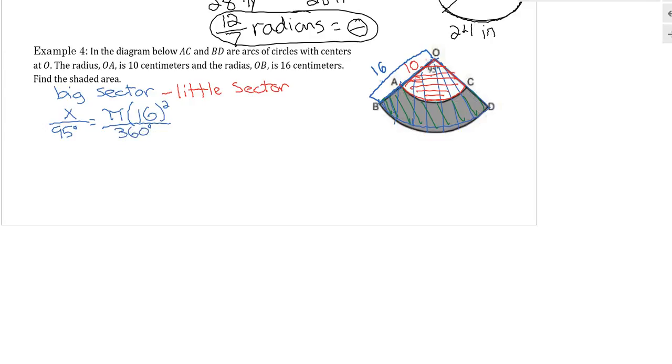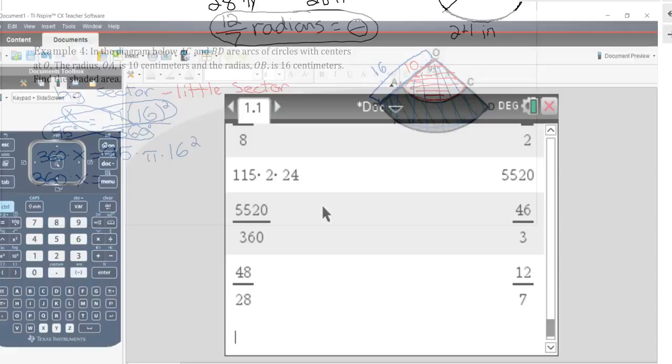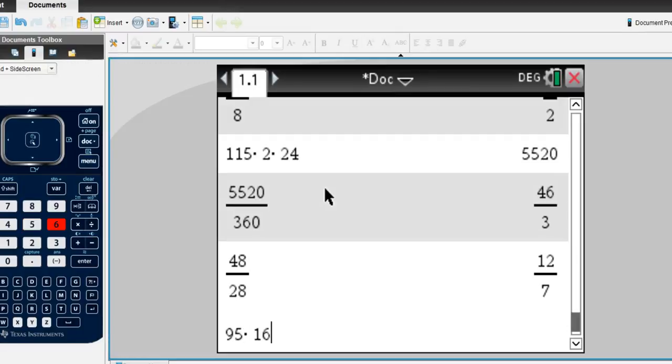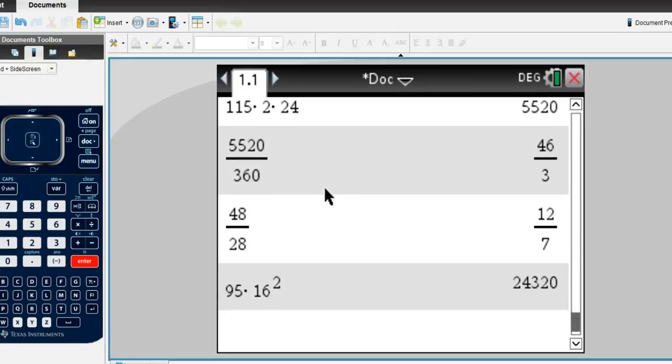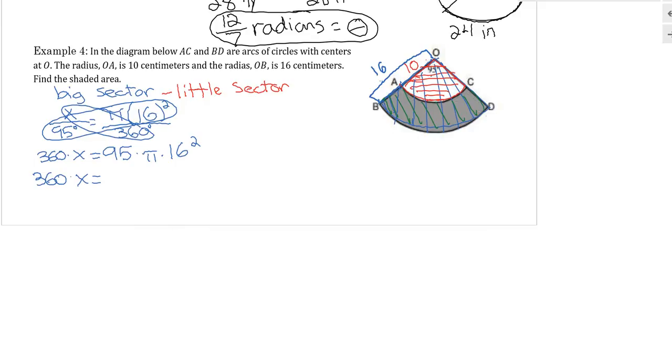Cross multiply: 360 times x equals 95 times pi times 16 squared. 95 times 16 squared is 24,320.